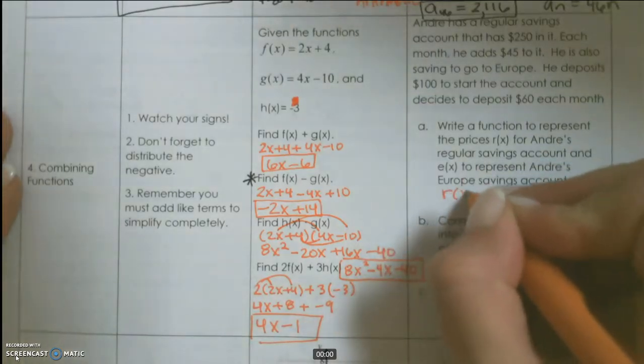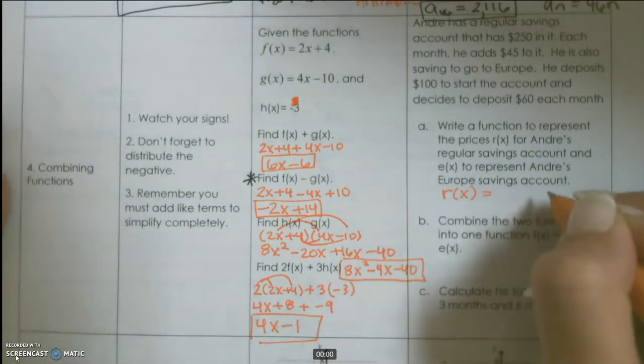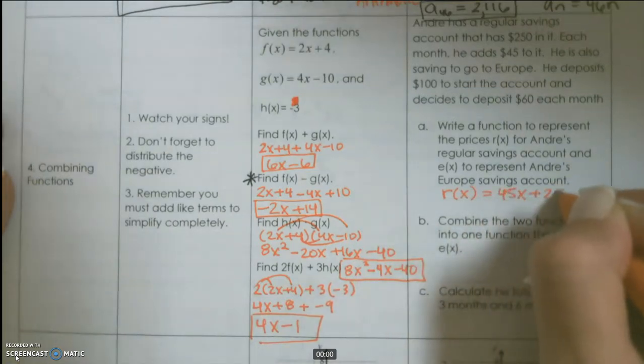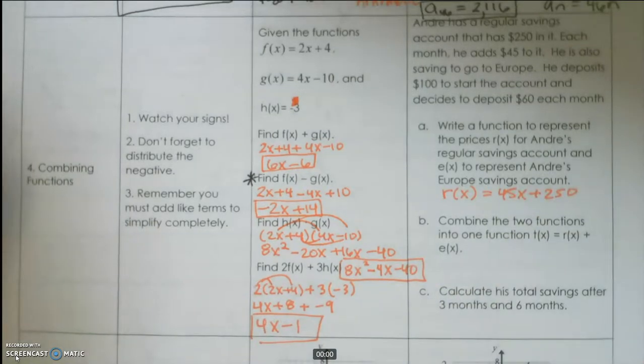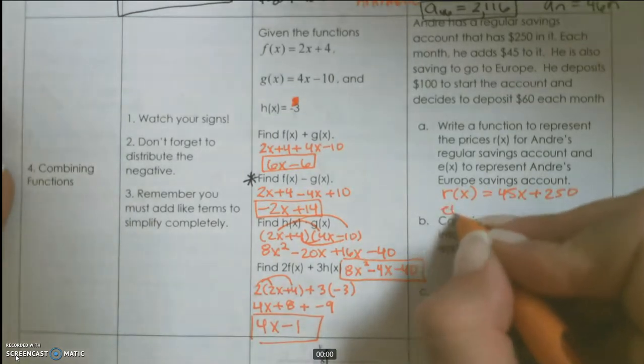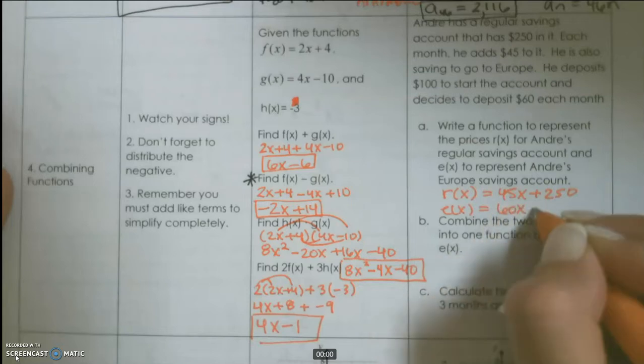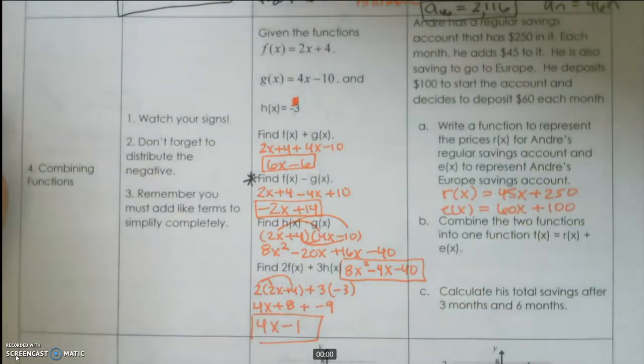So R of X, he is doing $45 per month plus the $250 that's already in the bank account. E of X, he is doing $60 per month and already has $100 in the savings account.